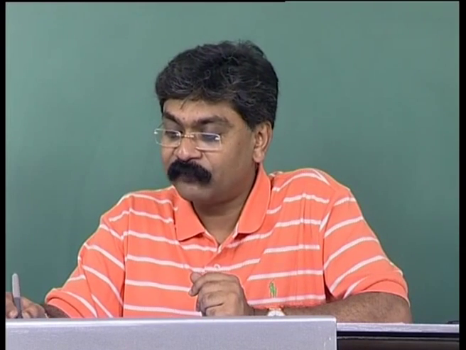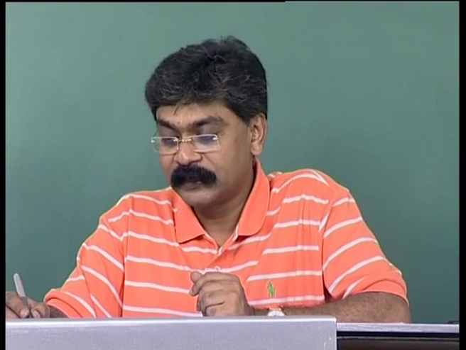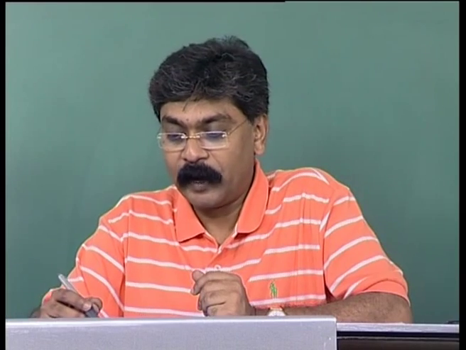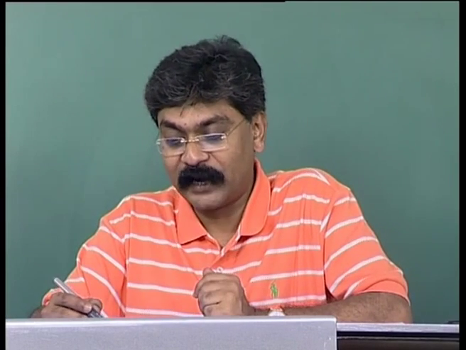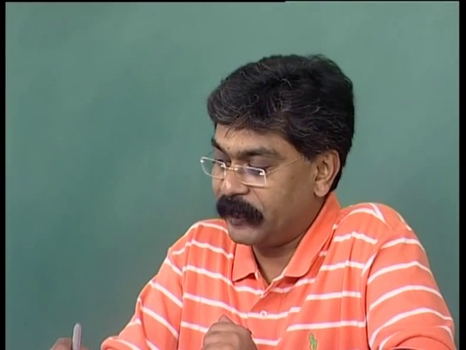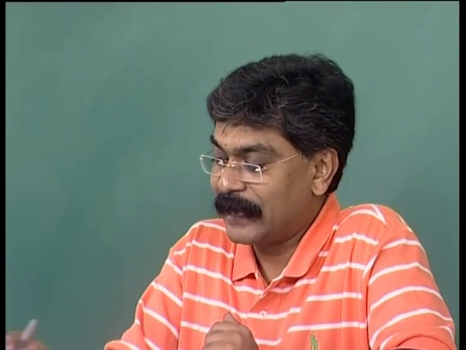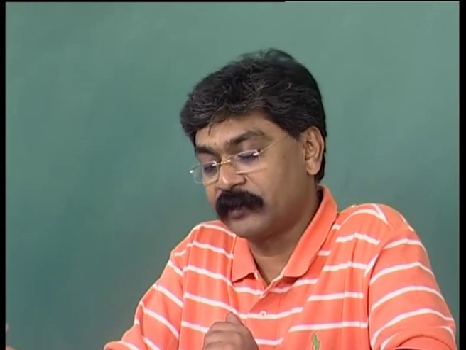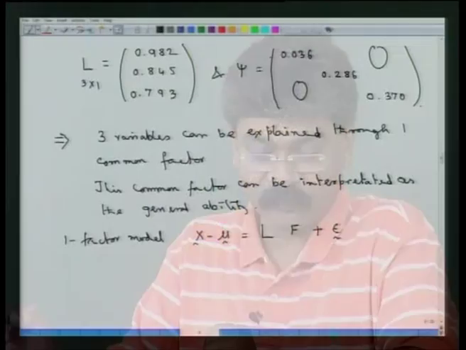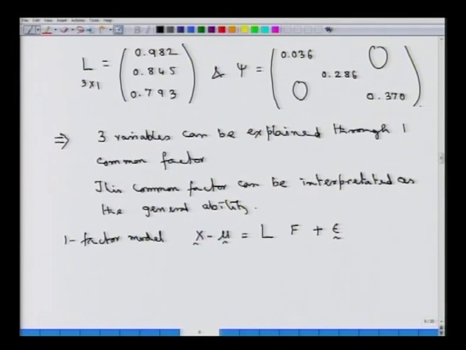So, as we see that the first variable's variance is largely explained by the only common factor, and it is actually doing this particular explanation of this order, right. So, this is L11 term, square of it, plus this psi 1 is going to give us 1, which is the variance of the first variable as such.